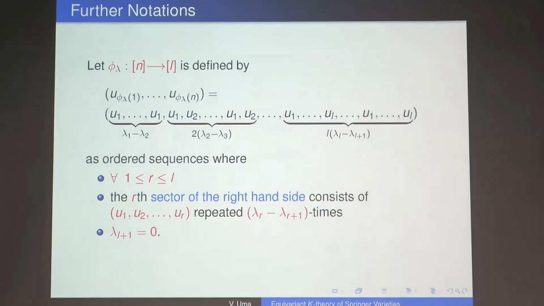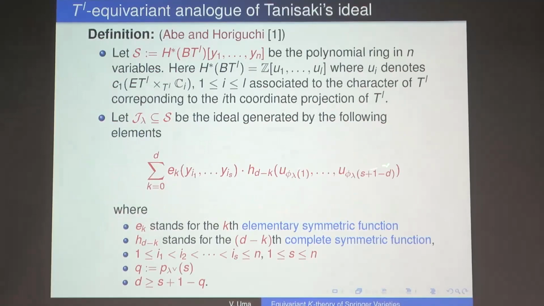I wanted to say that, but I missed. If we just put Ui as 0, we exactly get this, e_d of y_{i1} up to y_{is}. That is Tanisaki's presentation. So here also we can recover our presentation from there. This paper is on arXiv.